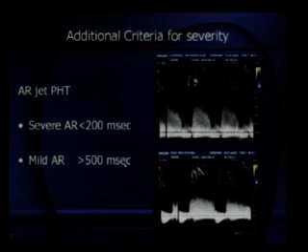I hope this concept is clear, because hemodynamically, the more the blood, the faster it flows into the LV cavity, the less the pressure half time, because the pressure equalization will be fast, and that shows severe aortic regurgitation. If it is taking more time, then that shows you mild.